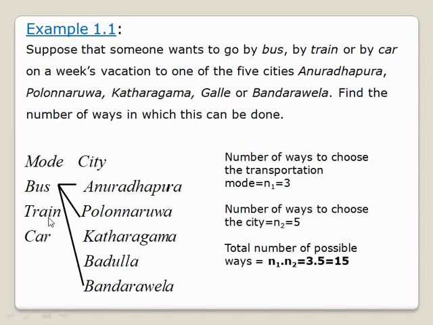If you choose train, again you can choose one of the 5 cities. You can do the same with car, which means there are 3 ways to choose the transportation mode and there are 5 ways to choose the city. By applying theorem 1.1, the total number of possible ways will be 3 times 5, which is 15.